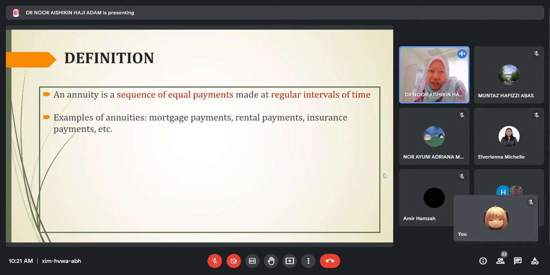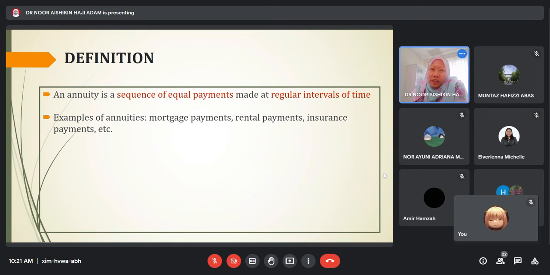Ada interest earned or interest made. Earn or made tu kalau you buat investment, or interest charge kalau you buat loan. Insurance payments, yeah. The insurance company collect a certain amount of, bukan commission lah, interest lah juga sebenarnya.